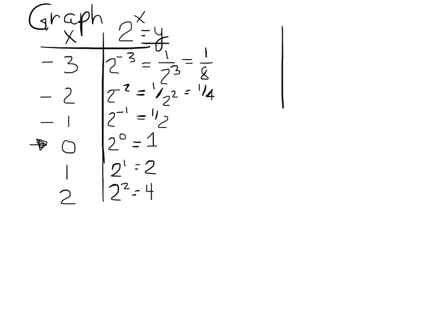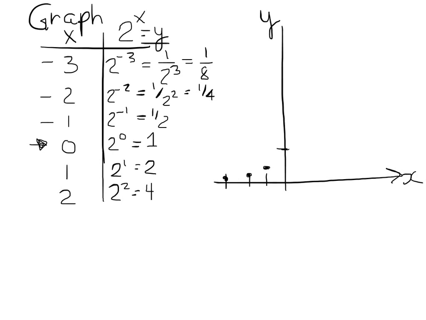So let's take a look at coordinate axes, where I've got the x horizontal and the y vertical. And I'm going to start graphing this. When x is -3, I've got 1/8, so that's close to 0. When x is -2, I'm just a little bit more. Then when x is -1, I'm 1/2. So it's sort of setting my scale.